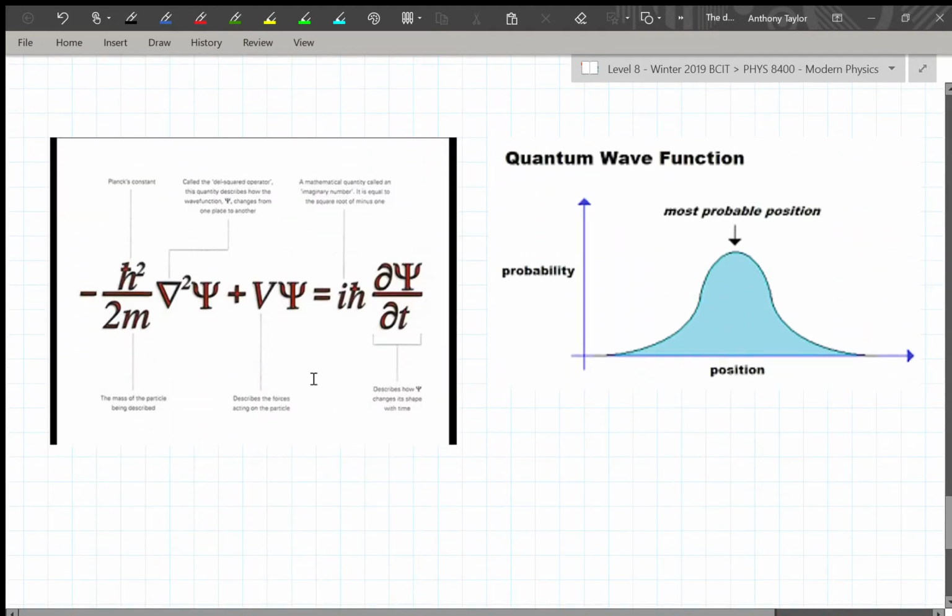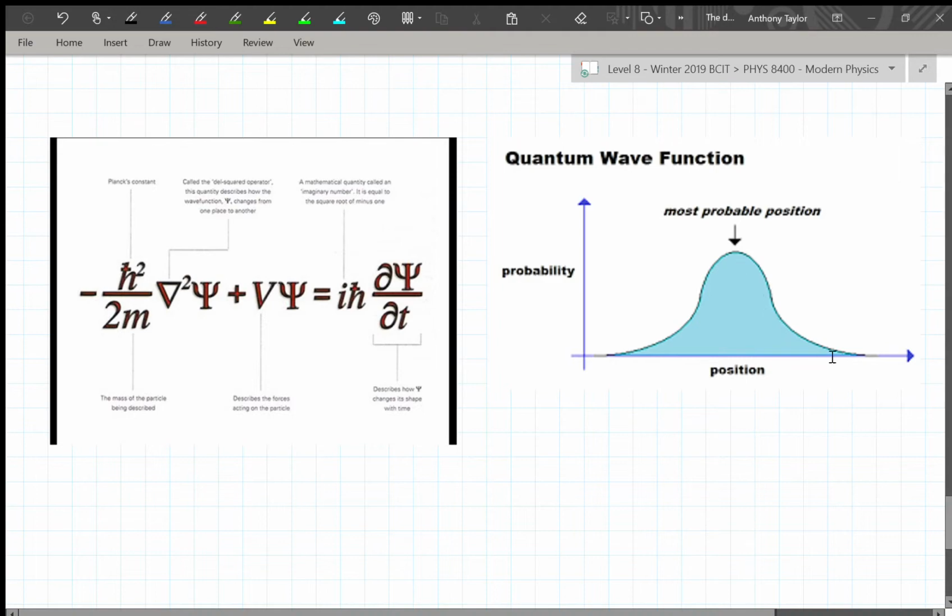And this is Schrodinger's equation here. We've got the quantum wave function. And what this does is it's sort of a tool that we can use to accurately predict the probable position of the light particle.